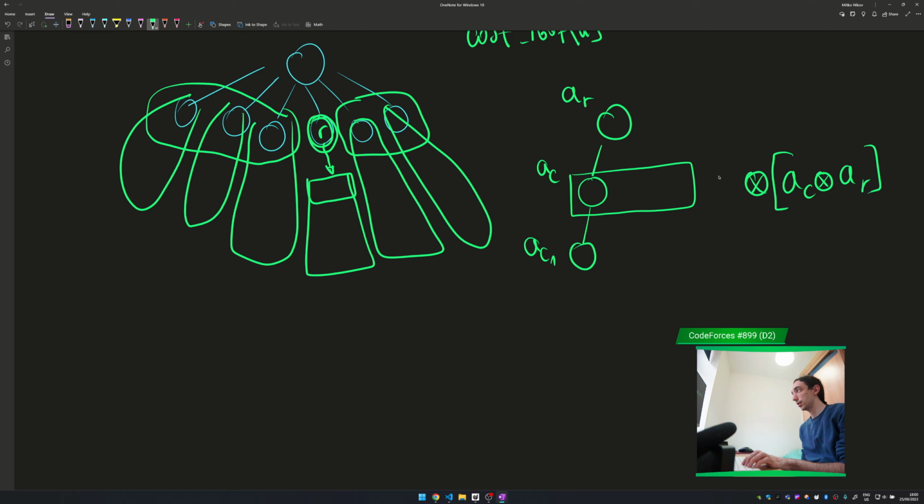Now this becomes AR. Now here, because this becomes AR, this also becomes AC XOR AR. So here I just want to XOR then AC XOR AC1, because here I want to negate this AC, which is being XORed here.